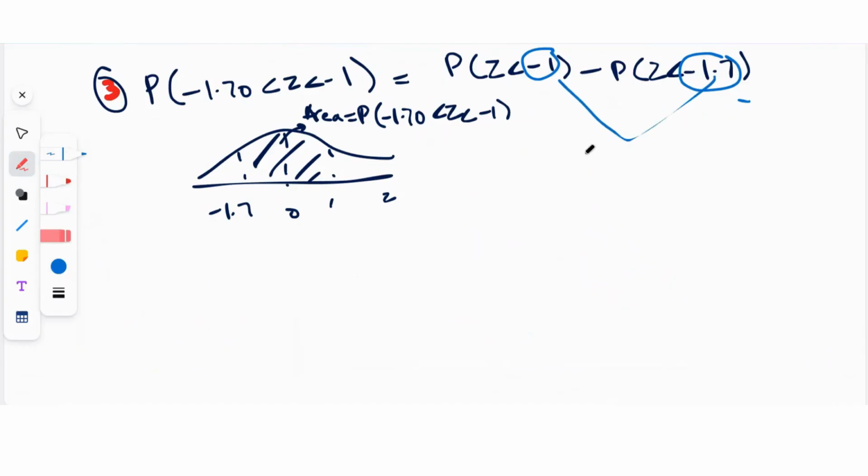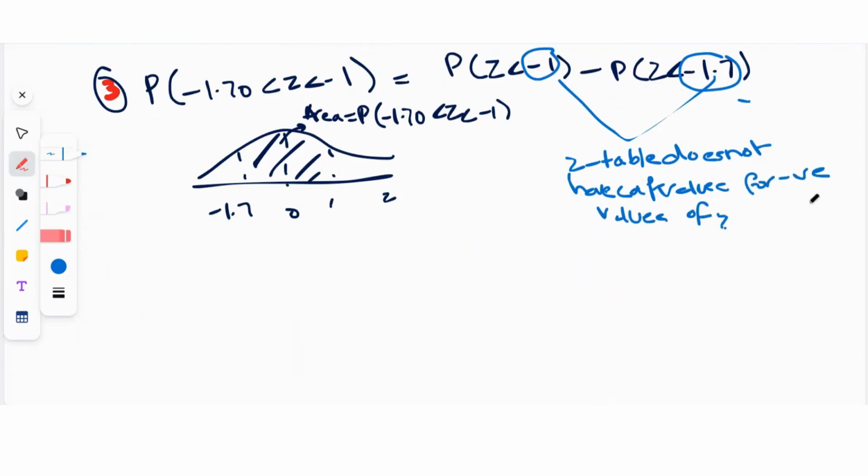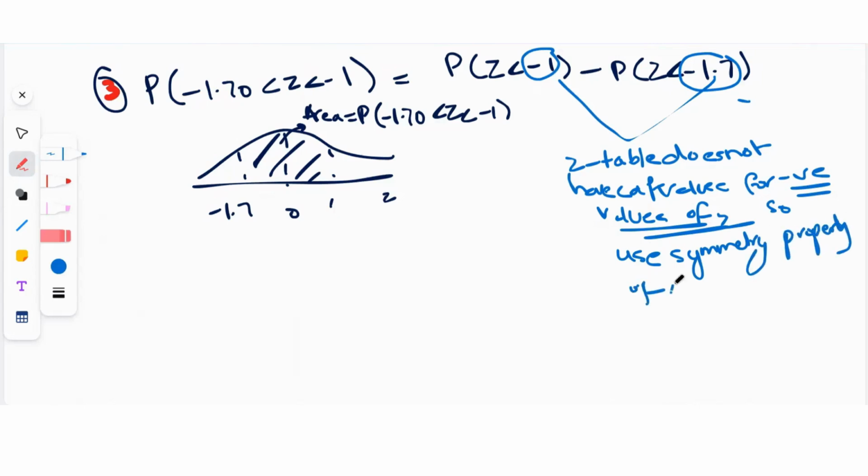The idea here is that the z-table does not have CDF values for negative values of z. So use the symmetry property of the normal distribution. The symmetry property says that any normal random variable is symmetric around its mean. So a standard normal random variable is symmetric around 0.